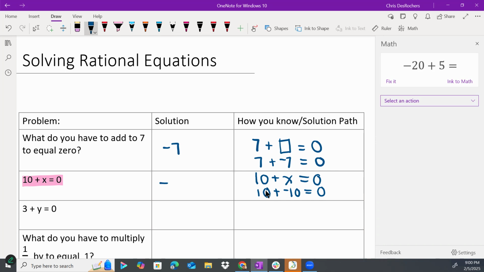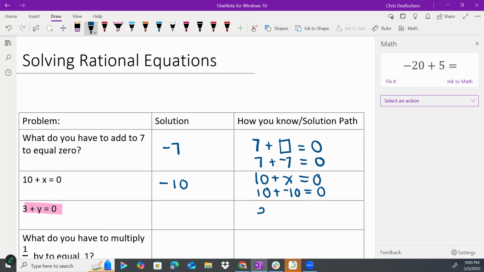So the solution would be -10. 10 plus -10 would equal 0. And then we have one more of these additions, where we have 3 plus y equals 0.